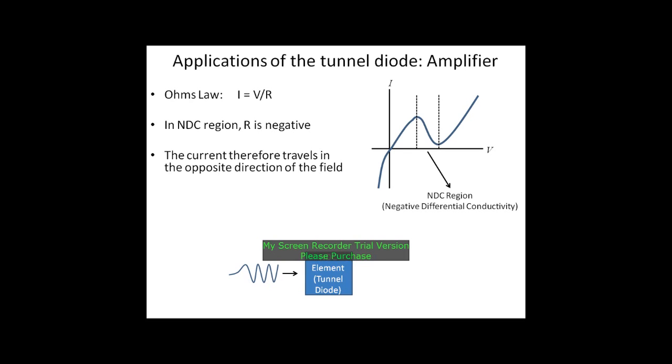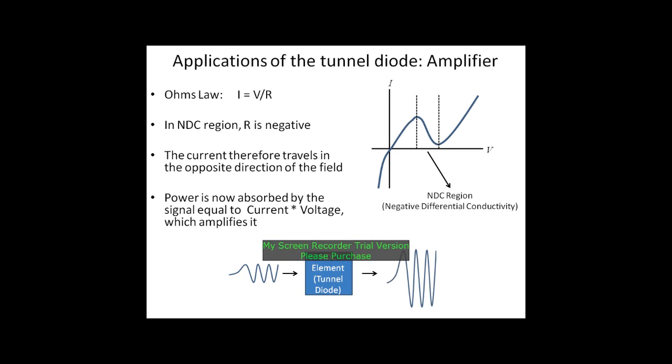So if you took a signal, say one shown at the bottom of the screen, and applied it to a current element containing NDC type behavior, then current will actually flow towards the signal, and power is actually absorbed by the signal because power is equal to the current times the voltage. And this power amplifies that input signal and causes the signal to increase.